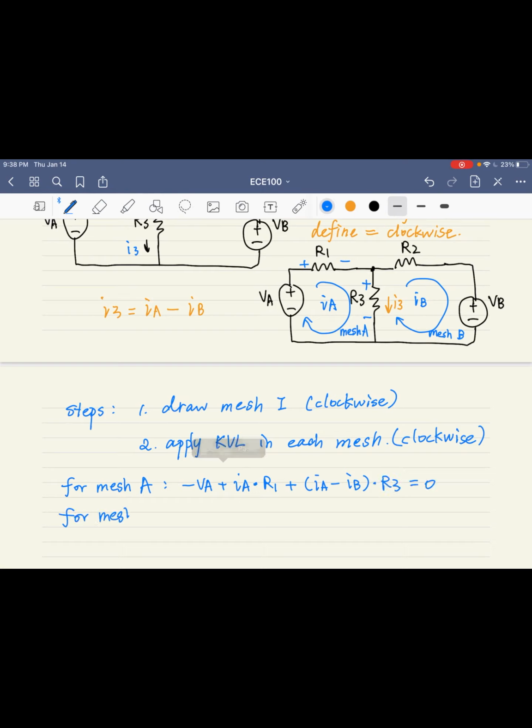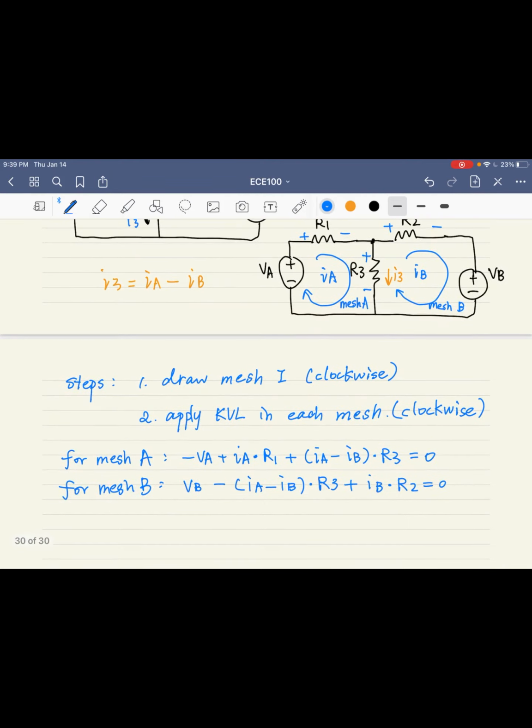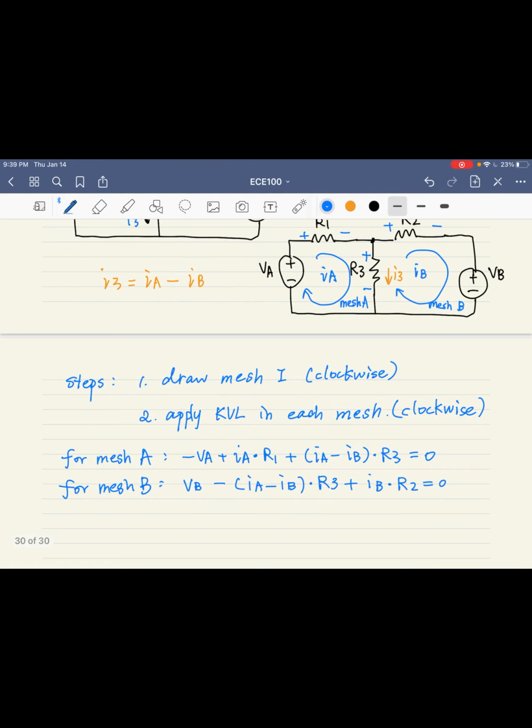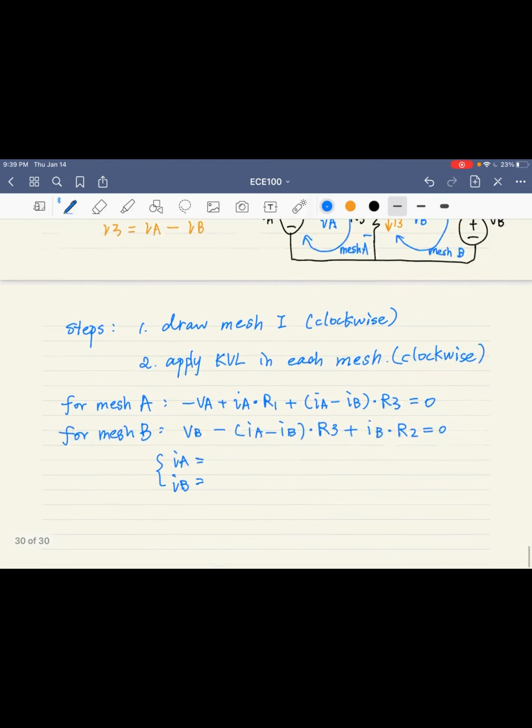And for mesh B, it should be VB minus I3 times R3, and then plus IB times R2 equals 0, right? Assuming that we already know the values for VA and VB and the resistances, now we only have two unknown variables. We can solve them by combining the two equations here. And then you will get what you want.